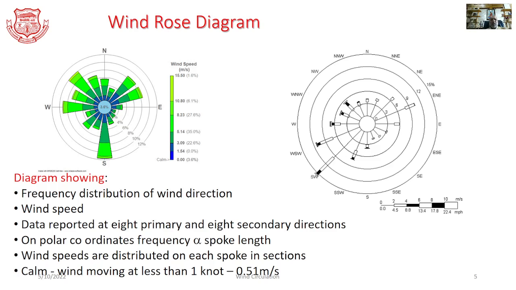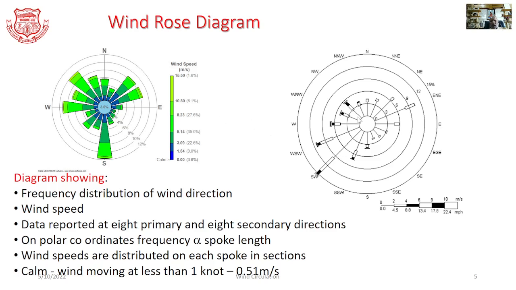The conventional means to show the wind speed as well as the frequency distribution of wind direction, this wind rose diagram is drawn.